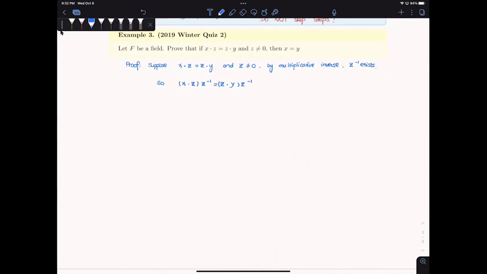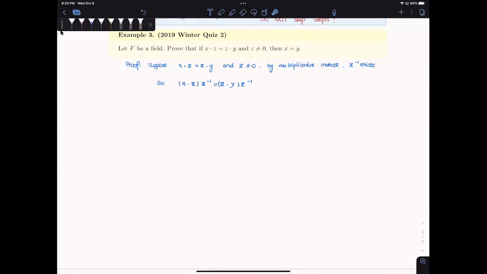Does this make sense? So I multiplied z inverse on both sides. Okay, so what I meant is you cannot do, so do not put this here. Do not put it here, okay? Because you're not there yet. If you use that, you're skipping steps.